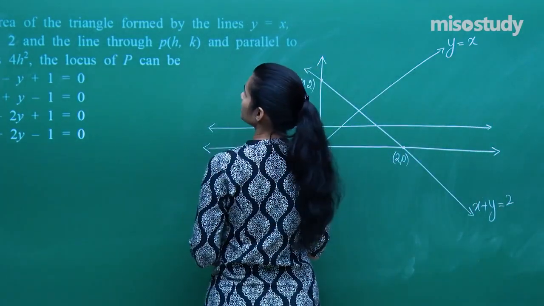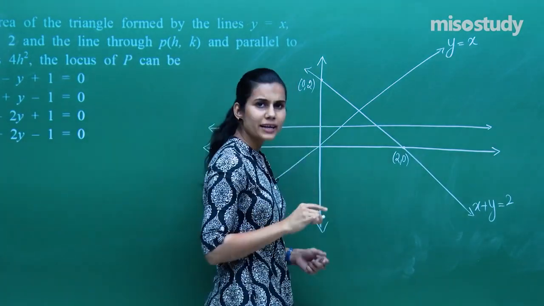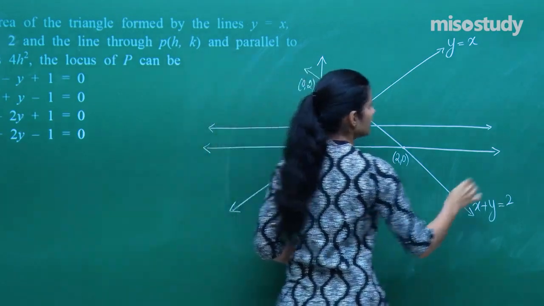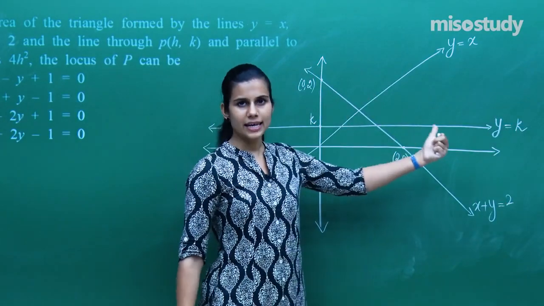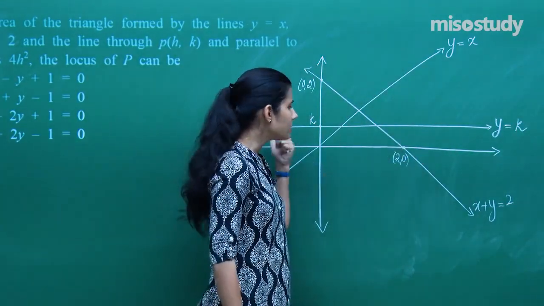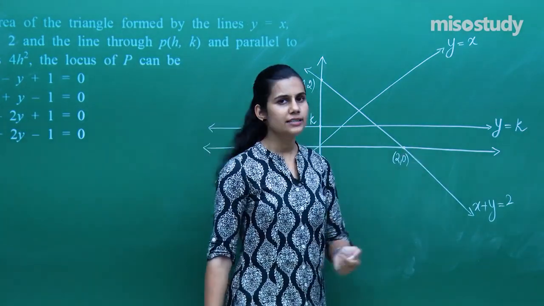This is the line parallel to x-axis passing through the point (h, k). If (h, k) is any point lying on this line, definitely this is k. So the line's equation is y equals k, because it is parallel to x-axis and one point has y coordinate as k, so obviously all the points are going to have the y coordinate as k only on this line. Therefore y equals k is the equation of this line.